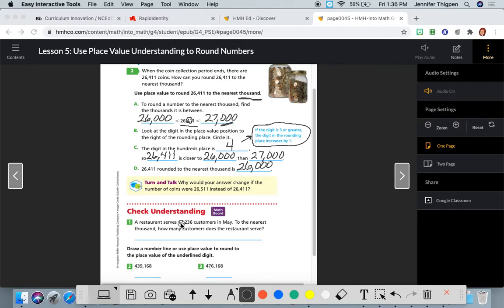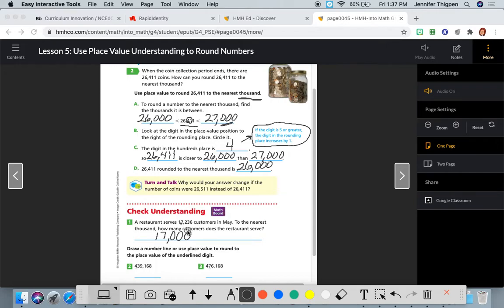And we're going to use the number in the hundreds to figure out how to round our whole number. So 2 is in the hundreds place. So 2 is less than 5. So our number is not going to increase by 1. So we can say that there were about 17,000 customers.